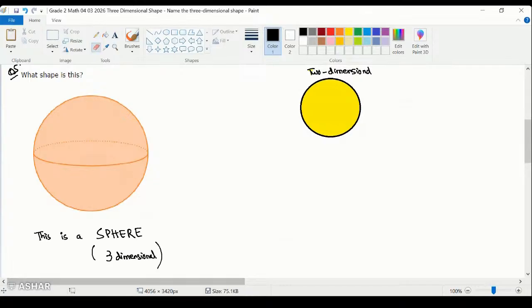Agreed? Sphere was three dimensional. But if it's two dimensional, we call this a circle. Agreed? And do we agree that in two dimensional, this shape would be called a circle? Do we agree on this? Yes, two dimensional, this would be a circle.